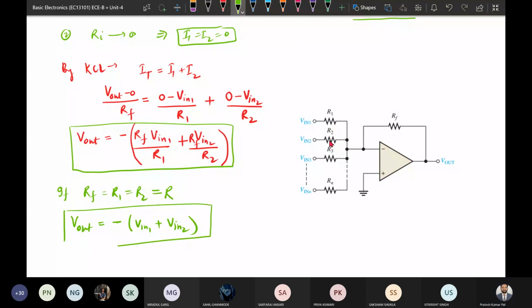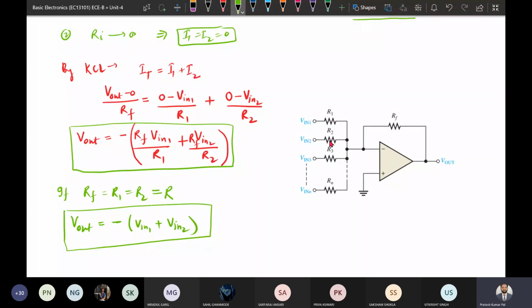So this is the implementation of the adder circuit. So output in magnitude is the sum of the two inputs that we have applied at the input, but there is a negative sign, and that negative sign is because of the gain. So that is not a problem. We just want the addition of two inputs, and we are getting the addition of two inputs. So this is the output in case of adder.